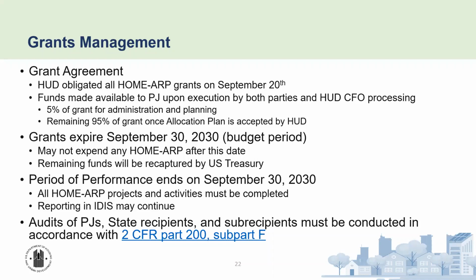After September 30th, any funds remaining in a PJ's HOME-ARP Investment Trust Fund Treasury account will not be available to commit or expend and must be recaptured by the U.S. Treasury.